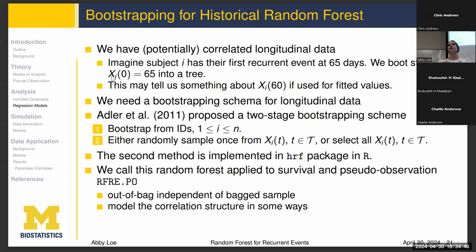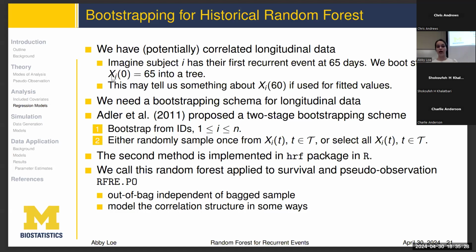There was a lot of work around this from 2010 to, I guess, present day. And Adler proposed this two-stage bootstrapping scheme. Instead of just putting your data in and bootstrapping rows, you bootstrap IDs from 1 to n, and then either sample once from your individuals, so if you pick observation 20, we pick one of person 20's observations, and every time we see a 20, that's our bagged sample, or we bootstrap all of person 20's observations into our random trees.